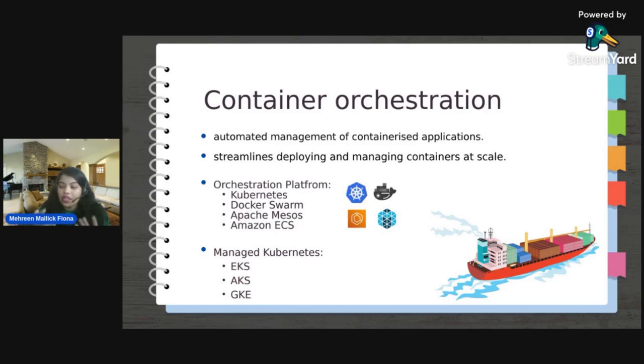Let's say we are working on a project that requires deploying a microservice architecture. Kubernetes not only makes it possible, it also manages it in a way that doesn't become overwhelming for you.